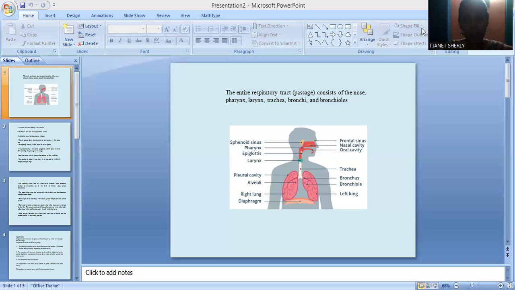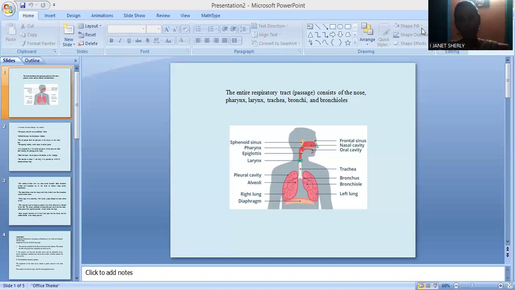So to start with, just see the image that I have given here. The first part is the nasal cavity, which is the nostrils, and then we have the pharynx, followed by the epiglottis, and then we have the larynx, which is given in green color.